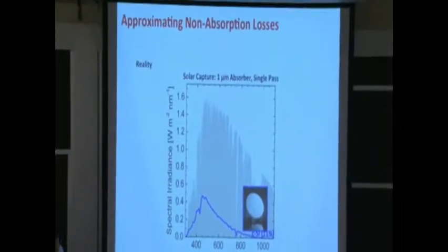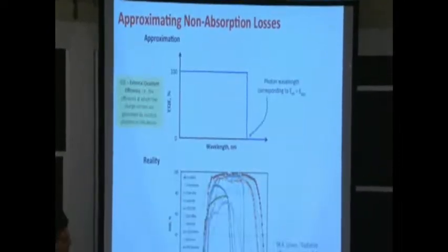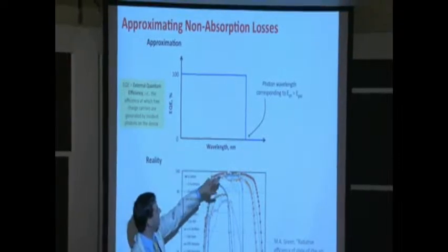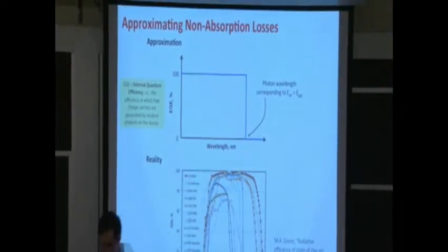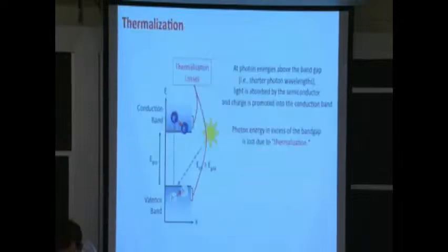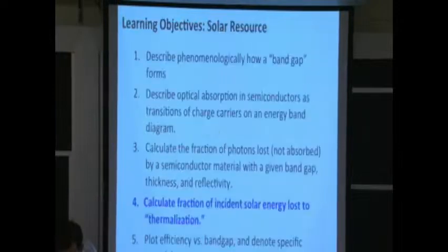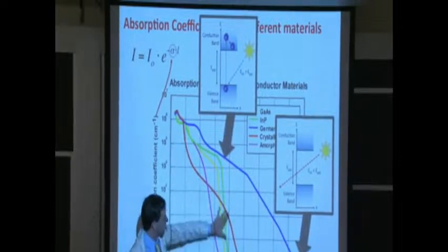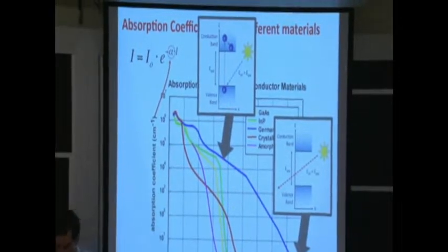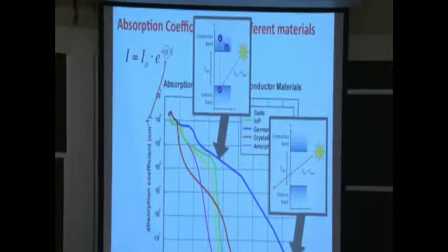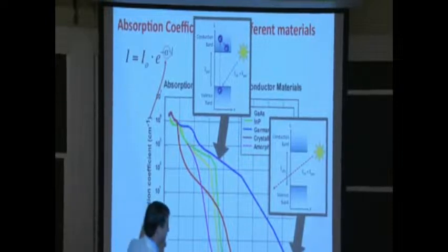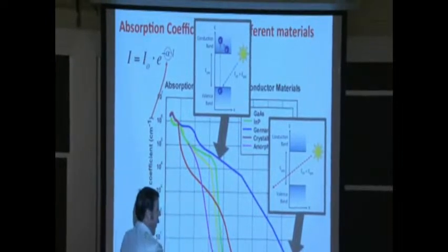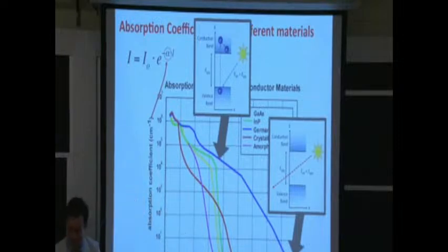If we really want it to be true, instead of using a box function like this, an absorption box function, we would use an absorption spectrum that looks something more like that, right? We would use a true absorption spectrum, and then convolve that with the thickness of the device to calculate what fraction of photons at each energy is absorbed inside my device.